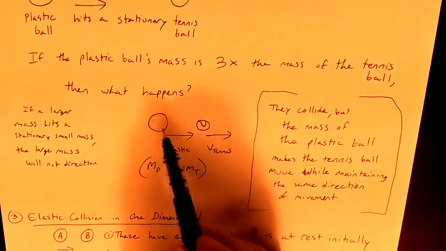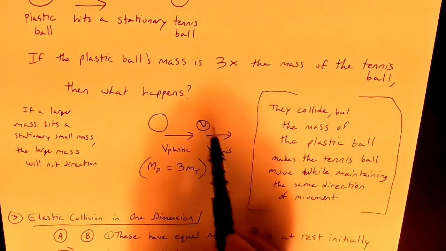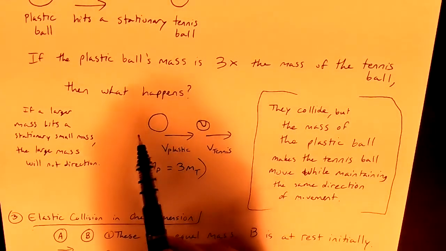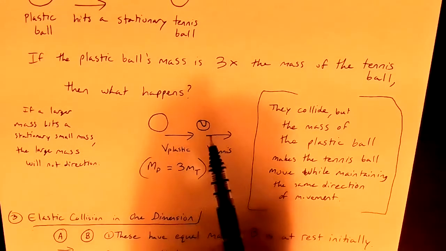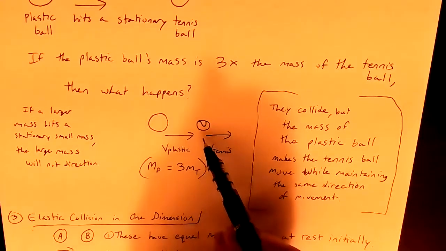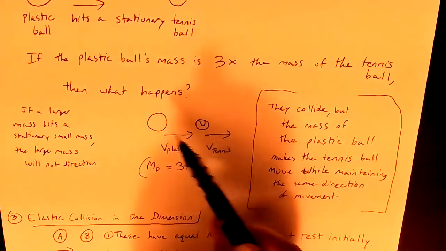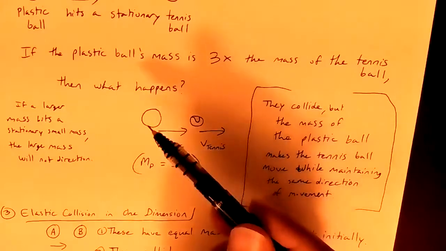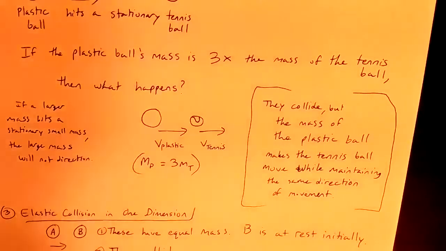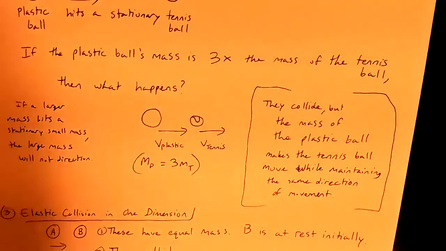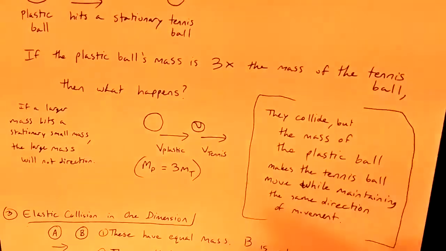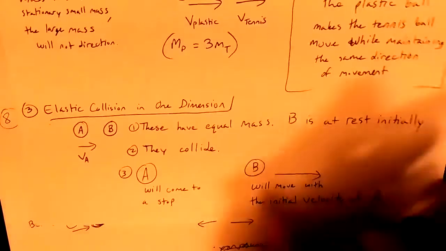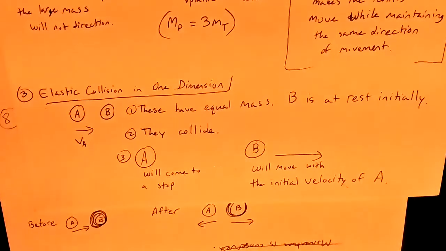Because this is so much larger than this ball and it's traveling at a velocity, this ball does not have enough momentum, enough mass and velocity, to push the other ball back. So they'll both end up moving this way. So they're both going to move in the same direction. All right, you got that?